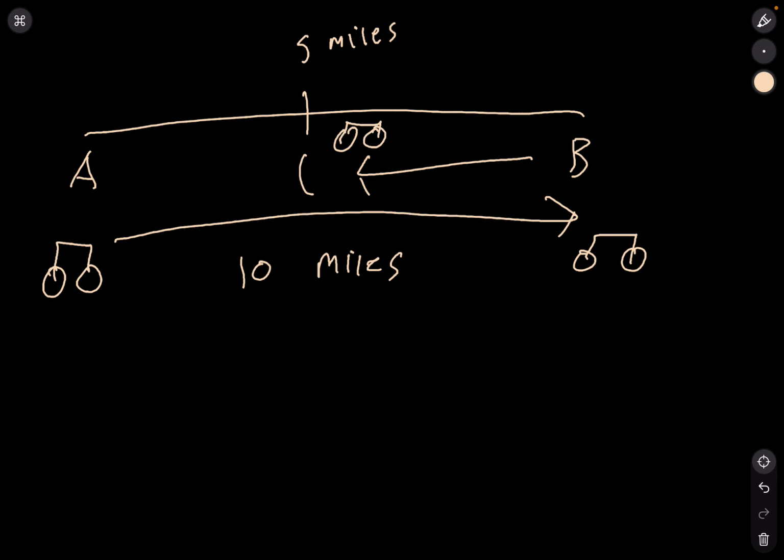Assuming we're trying to find distance first, the total distance is just going to be everything summed. So essentially, we have 10 miles plus 5, which is equal to 15 total miles traveled.